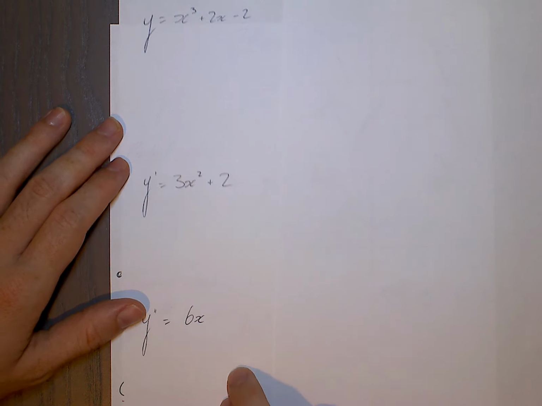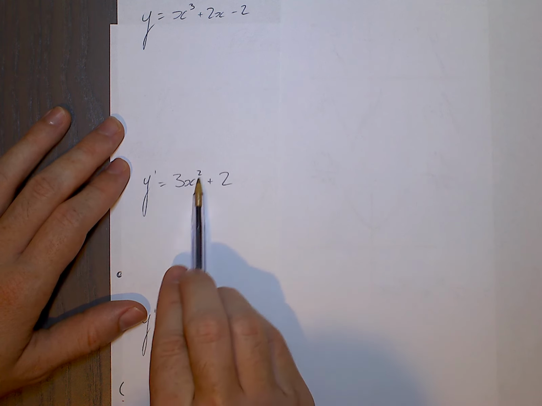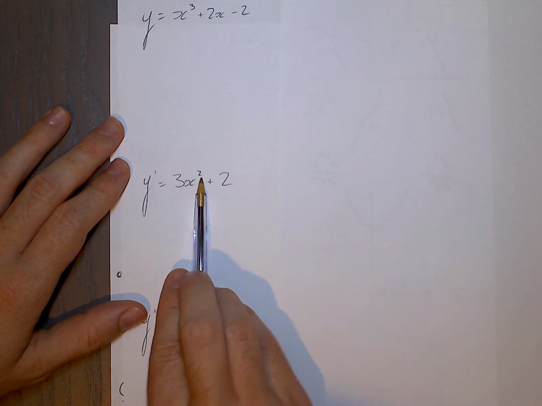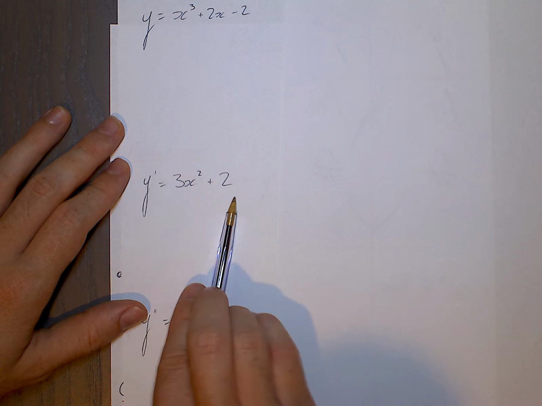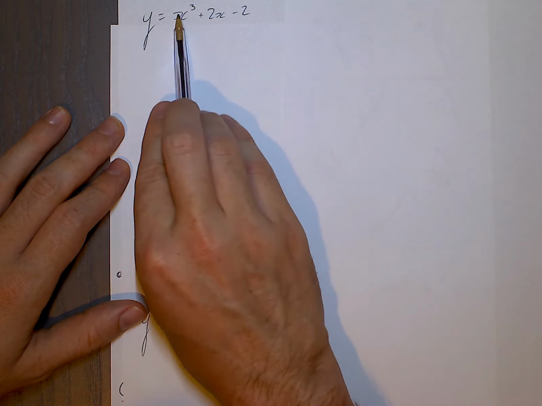So in our first differentiation, the 3 has come down and we've minused 1 from the power, so we get x squared. Our x has gone away and we're left with our 2. So this is our first differentiation of this function.